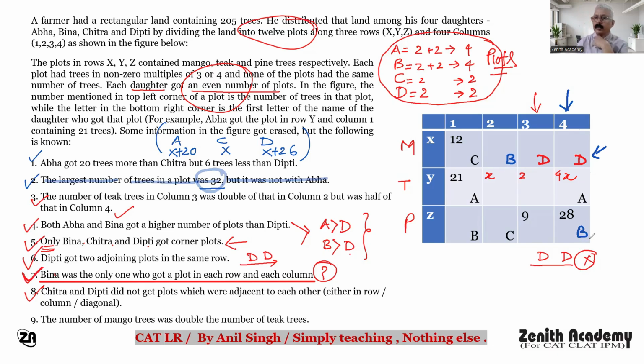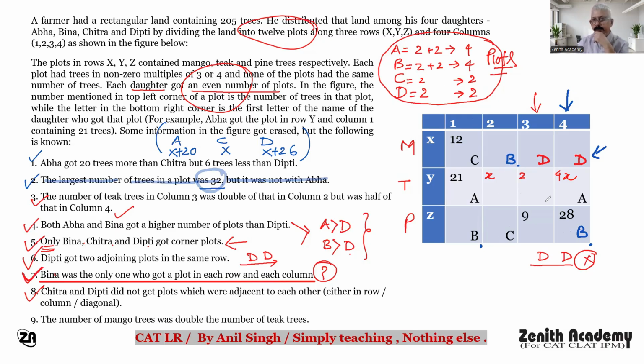Bina is present in the fourth column because in the fourth column, row X and row Y are occupied by D and A respectively. Now Bina has four plots: one in row X and two in row Z, but none in row Y.